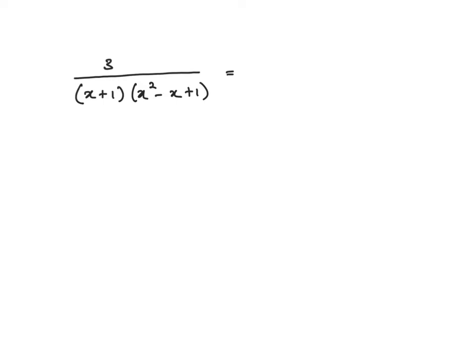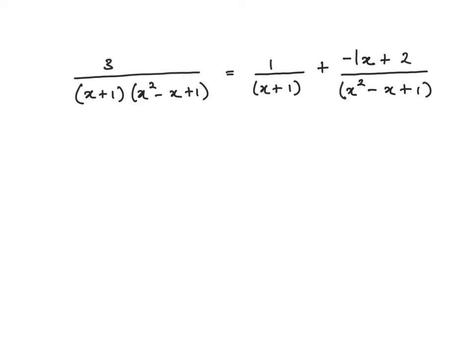So a has the value 1, that's 1 over x plus 1, plus bx plus c, b times x, that's minus 1x plus 2 all over x squared minus x plus 1.